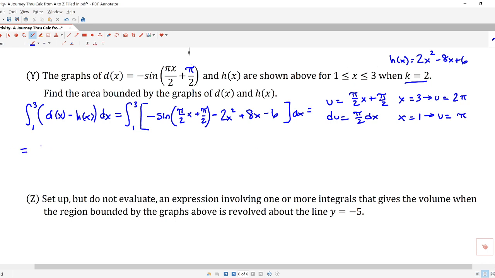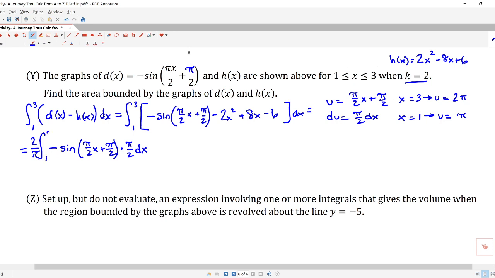So here we go. Again, I am going to have negative sine of pi over 2x plus pi over 2, and I need a times pi over 2 dx here. But in order to put that pi over 2 in there, I have to put a 2 over pi on the outside. My bounds are no longer 1 and 3. They are pi to 2 pi. Actually, bear with me.